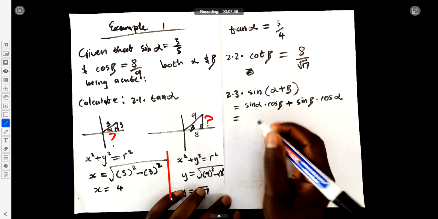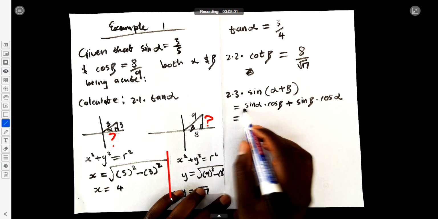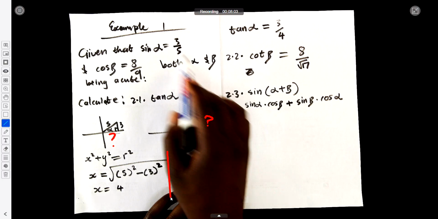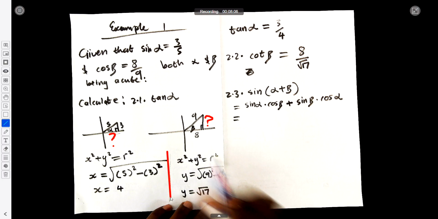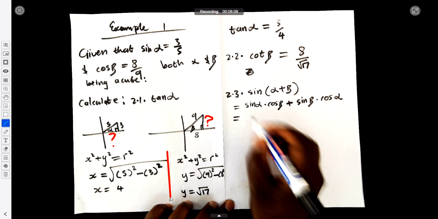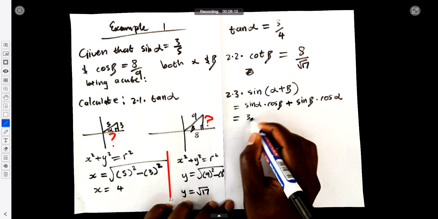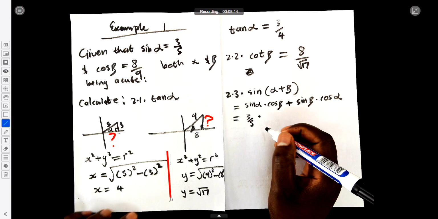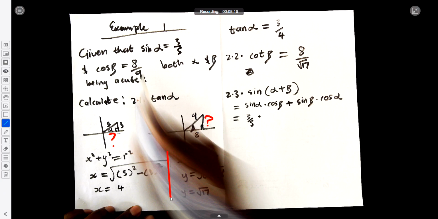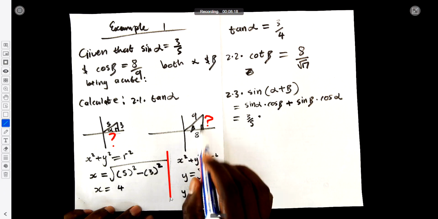So sine alpha is 3 over 5, opposite over hypotenuse, and cos beta was given as 8 over 9.